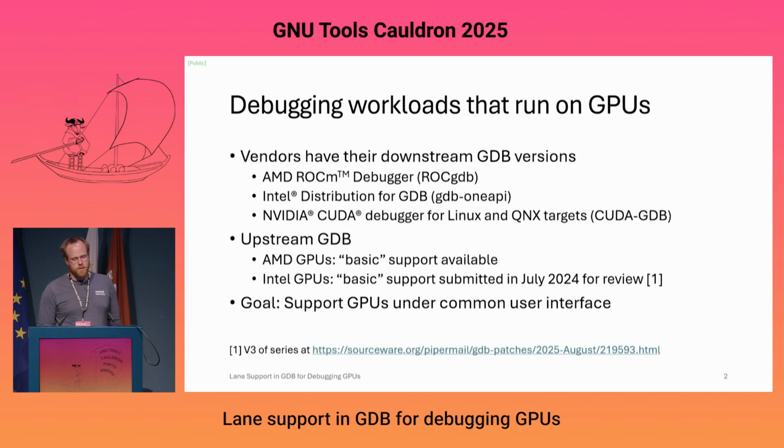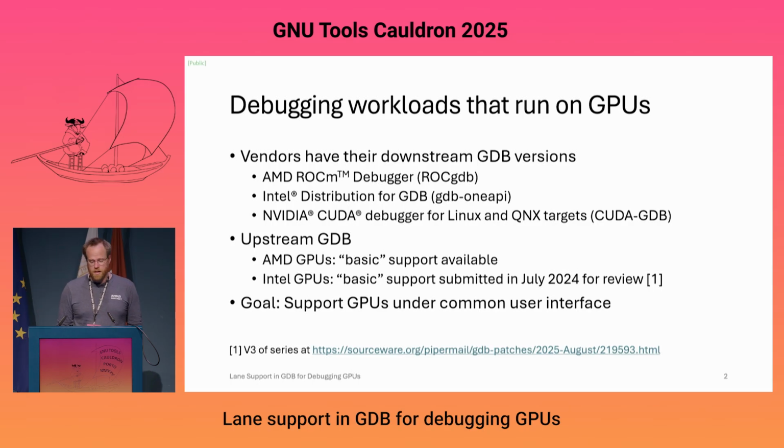So, a quick overview of what you have available if you want to debug something running on the GPU today. Not a lot in upstream GDB, but most vendors do have a downstream port of GDB. AMD has been working on ROCgdb, the downstream version of GDB for AMD GPUs.